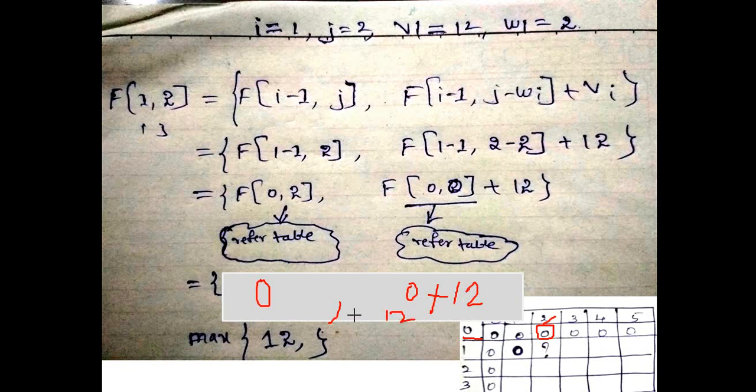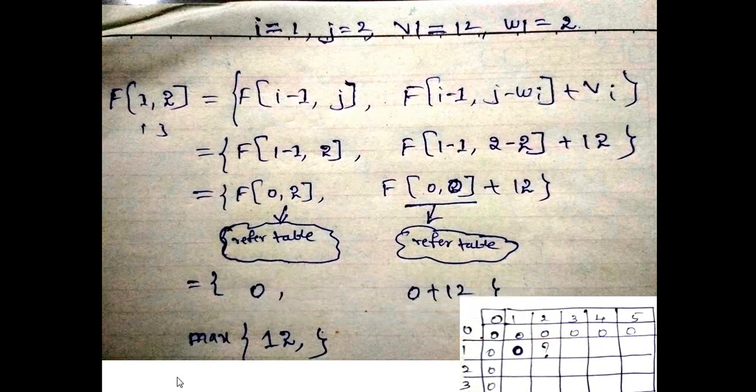So which one is the maximum value? 12. So the answer is 12. In which location do you have to fill this value? 1 comma 2. Fill the value 12.